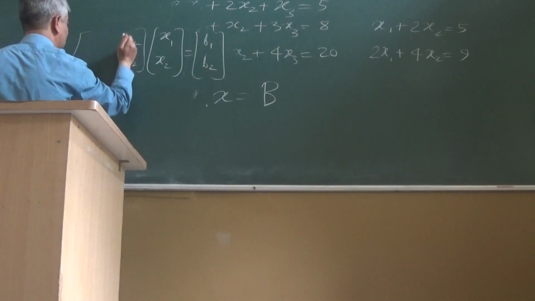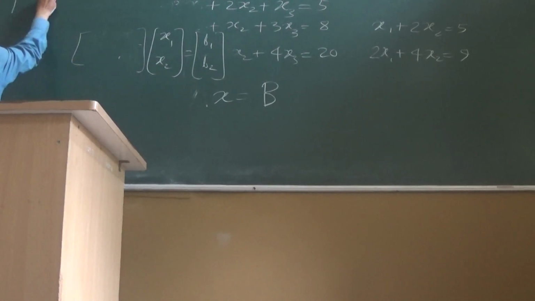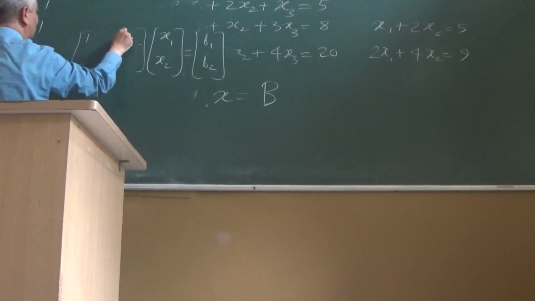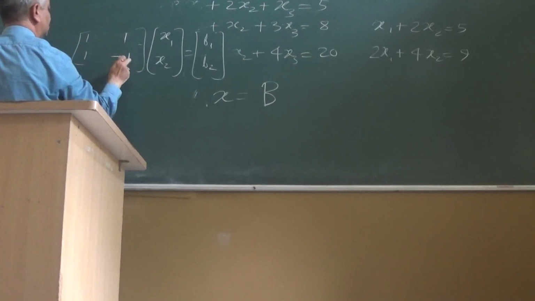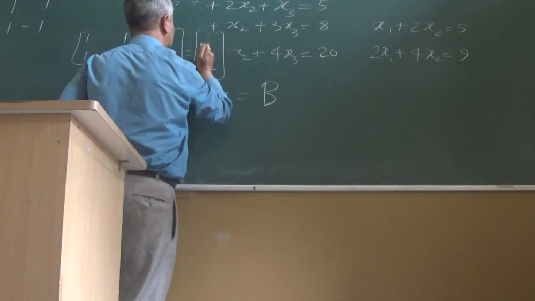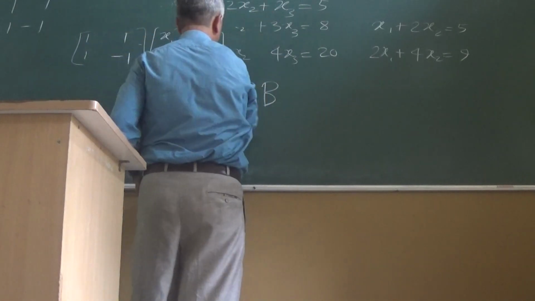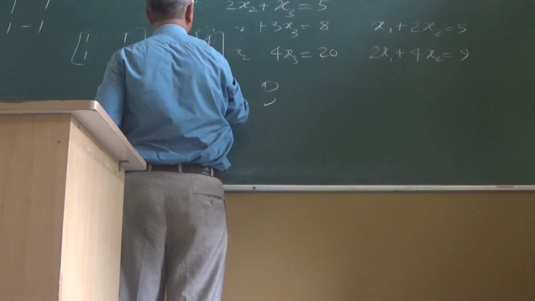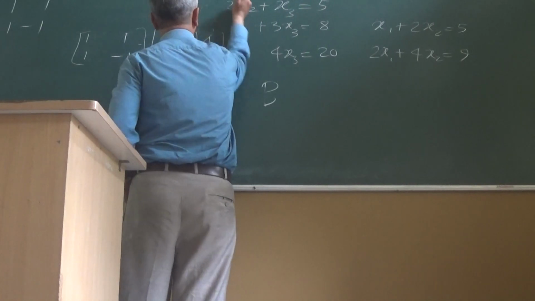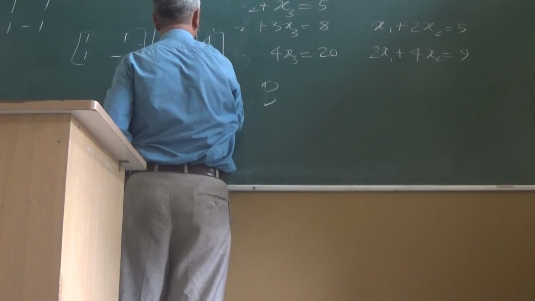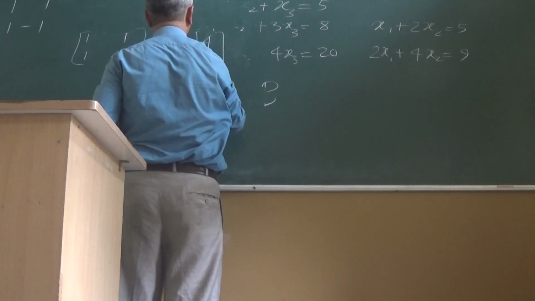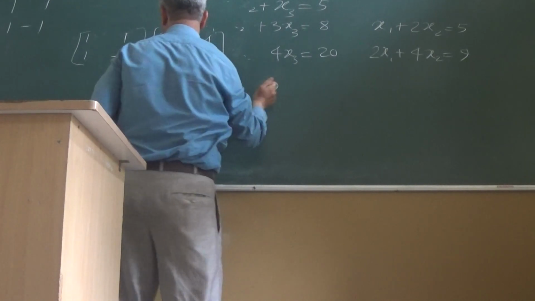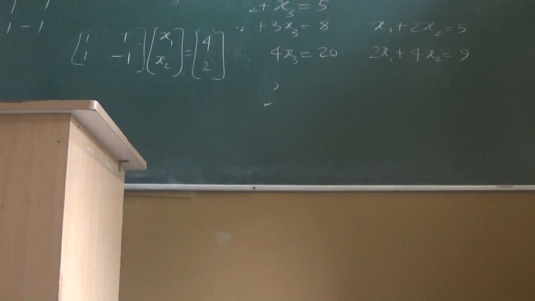So the example which you considered, what was that? 1, 1, 1, minus 1, with right-hand side 4 and 2. So how do we do that? R2 minus R1.